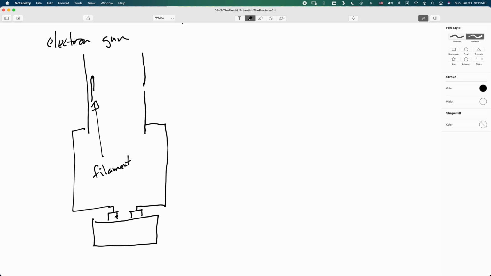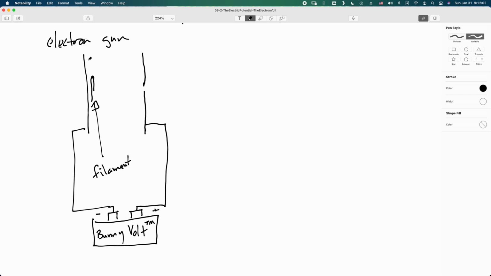We'll get into how batteries work a little later. But for now, we'll just say that they are devices that can maintain a constant voltage across two locations. So this would be the negative terminal of the battery, and this would be the positive terminal of the battery, like so.